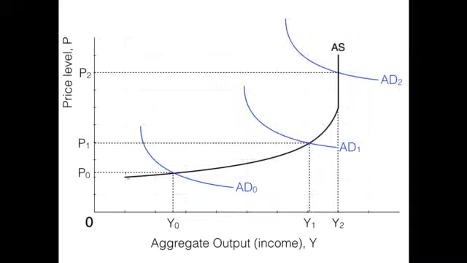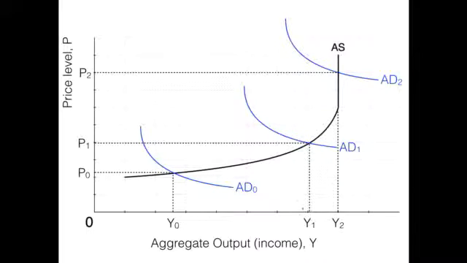If we're in the flatter portion of the aggregate supply curve and we stimulate aggregate demand, we get a large increase in income relative to the increase in the price level. So we'll still have some inflationary pressures, but a majority of the stimulus is going to cause an increase in aggregate output and aggregate income.